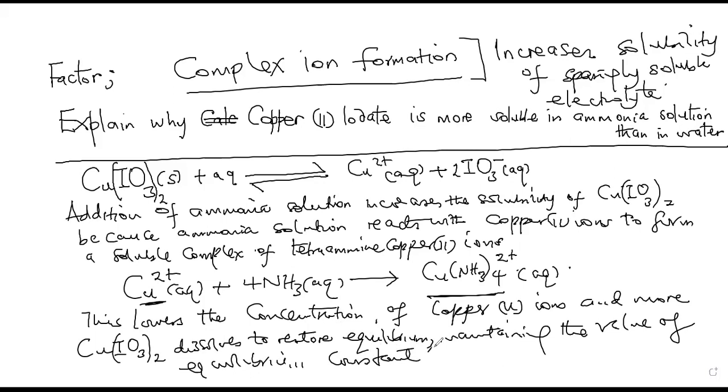So whenever there is formation of a complex, the concentration of the metallic ion reduces. And for you to restore equilibrium, more of the sparingly soluble salt has to dissociate, meaning the solubility increases. It has to dissolve. So that is how it happens.